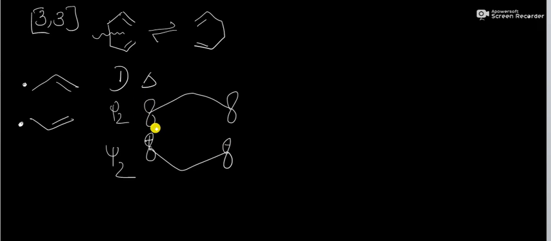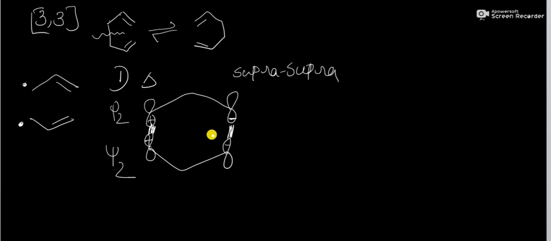Here also plus minus. This is the symmetries of the reactant. First case is supra-supra addition. That is plus and minus.